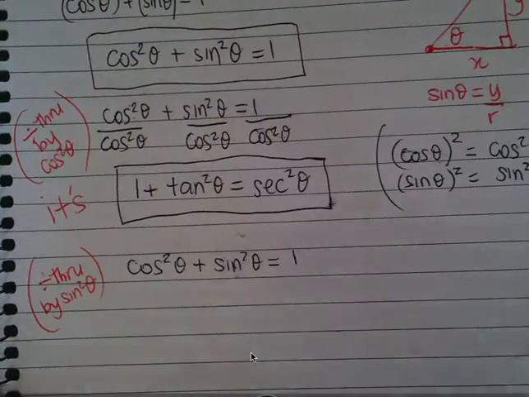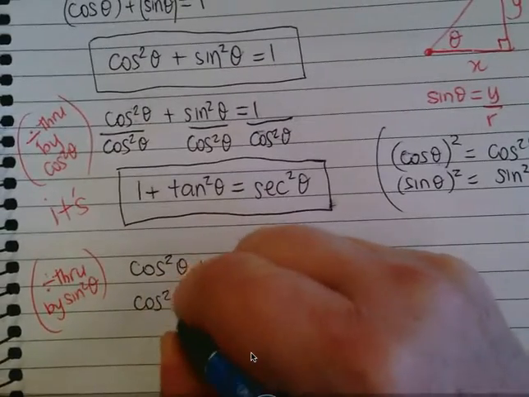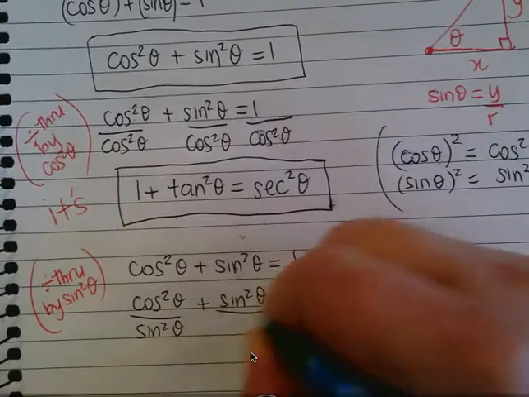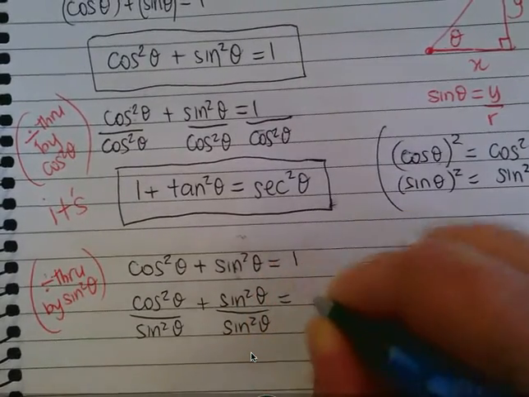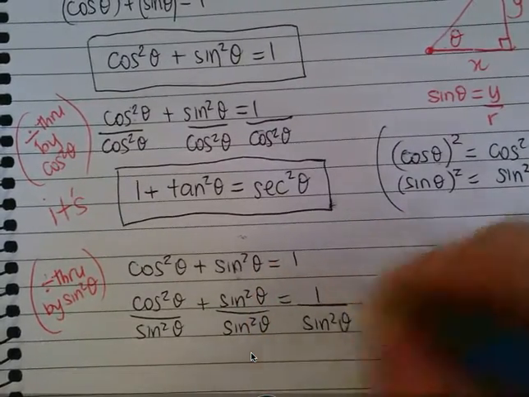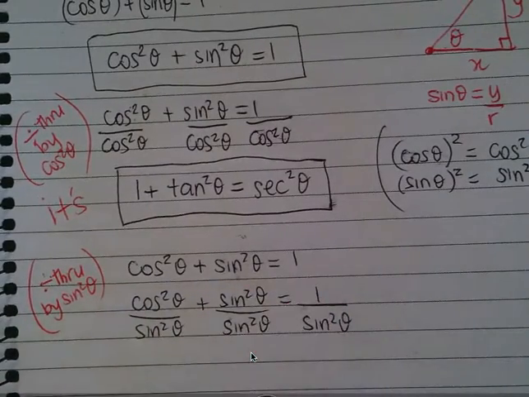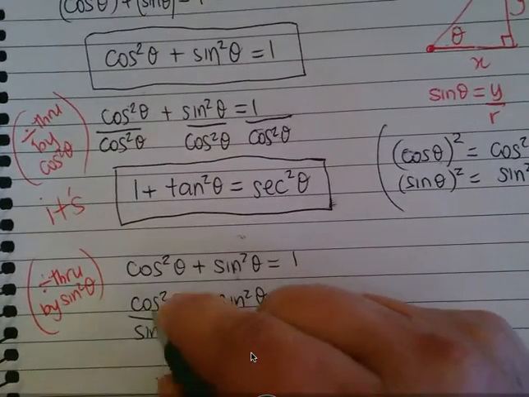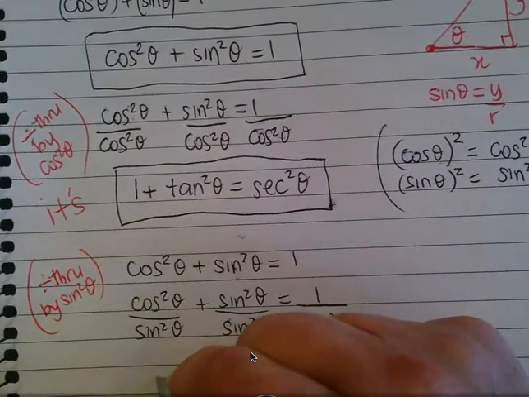And what are we going to get? Cos squared theta over sine squared theta plus sine squared theta over sine squared theta equals 1 over sine squared theta. So you start with the first ratio, and you can divide everything by cos squared theta to get your other ratio, or you can divide everything by sine squared theta. What's cos on sine? It's the opposite of sine on cos, which is, sorry, not tan, it's the reciprocal of tan.